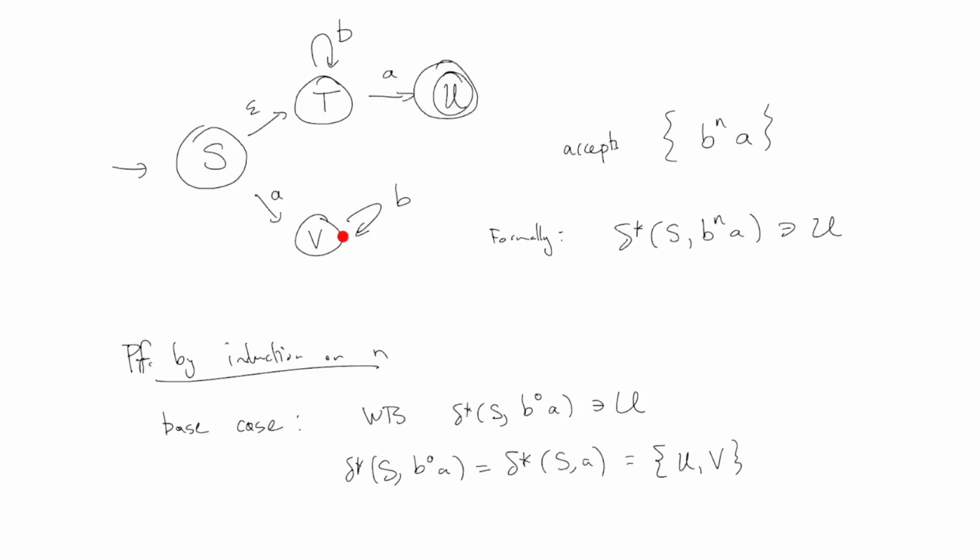I could go down here to V, or I could also go epsilon followed by A and end up in U. So after doing S and A, where you can end up is the set U, V. Now, I'm trying to show that this contains U as an element, but it does. So I can just say this contains U.